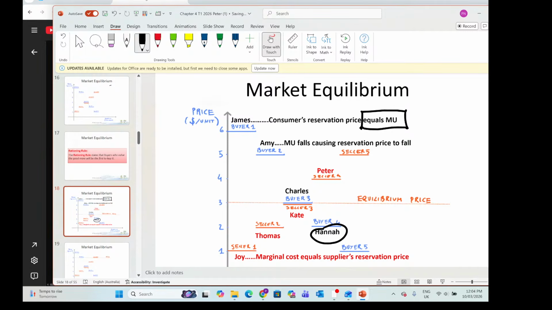Or it might simply be this. Maybe James has a higher income than Hannah. Maybe James is wealthier than Hannah. We don't know why James would be willing to pay more for the price than Hannah. What we do know is that he's got a reservation price, which would indicate if he had to pay it, he would pay it.